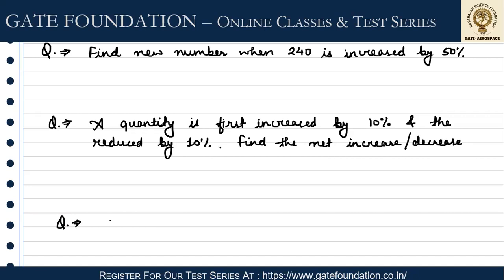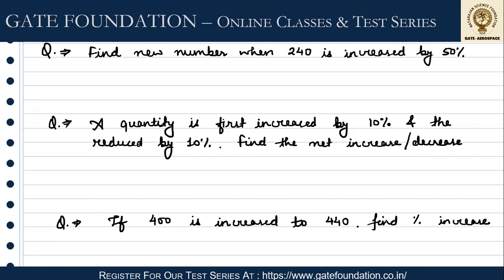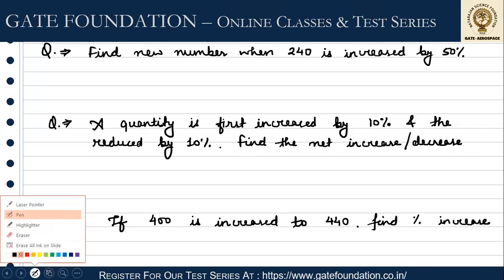The third one. If 400 is increased to 440, find the percentage increase. Let's solve them one by one.